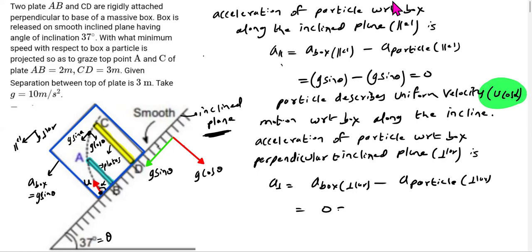The box's part will be 0 because the box cannot move in this direction. The box will move only along the incline. It cannot move up, it will not lose contact, so it will slide along the inclined plane. The box will have only g sin theta along the inclined plane, and that of the particle is g cos theta. Okay, fine. So there's one basic idea of the entire problem discussion.